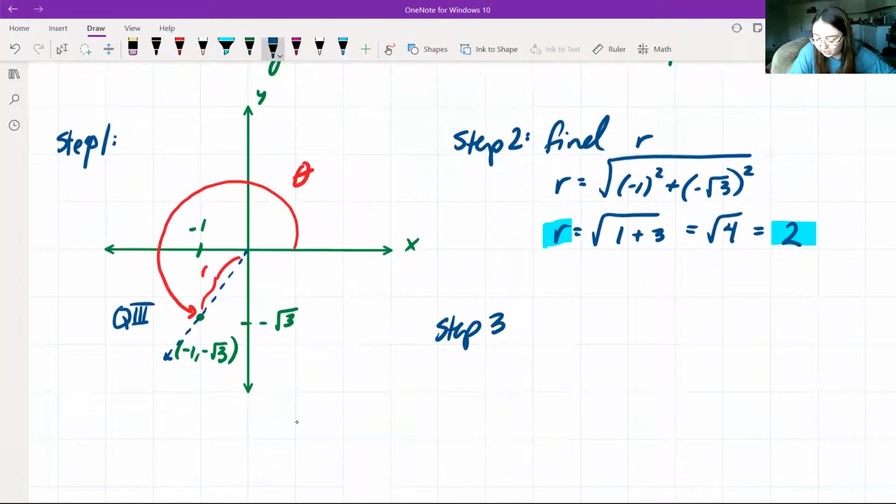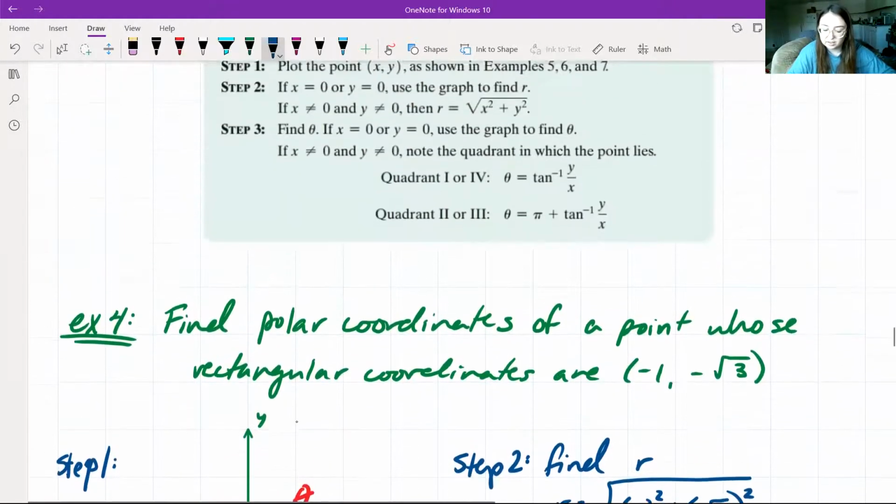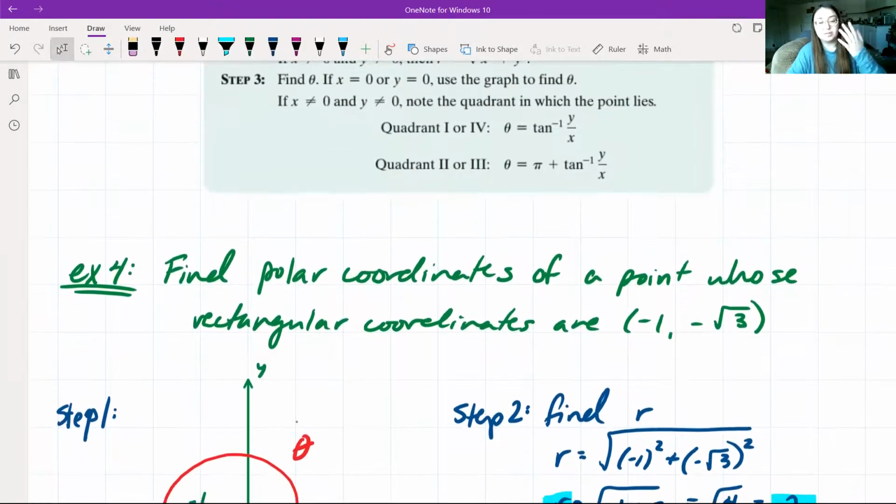Now for step 3, we're going to find theta. For step 3, we know x and y are not equal to 0, so we find what quadrant it's in, which we already did. It's going to be in quadrant 3.